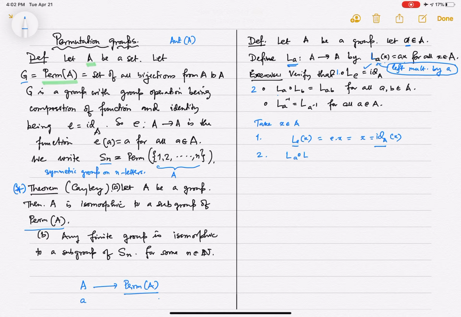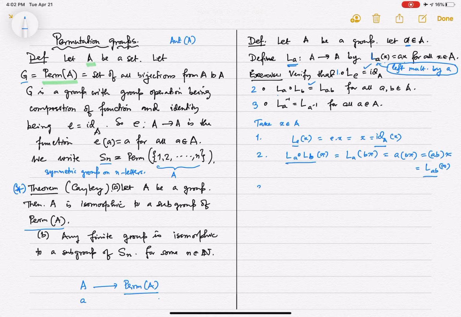L sub a circle L sub b applied to some x in A gives you what? L sub a of bx. That's L sub b applied to x. That's same as a times bx. By associativity, that's same as abx, but that's same as L sub ab applied to x. Again, this function and that function take the same value on every input, so they are the same.